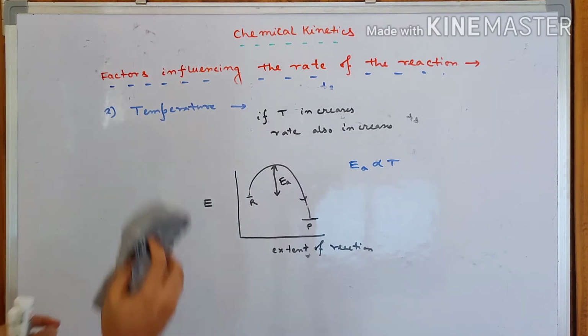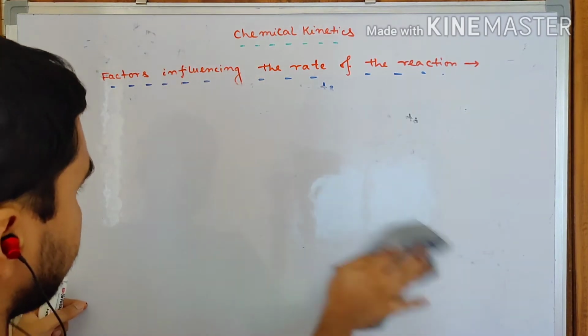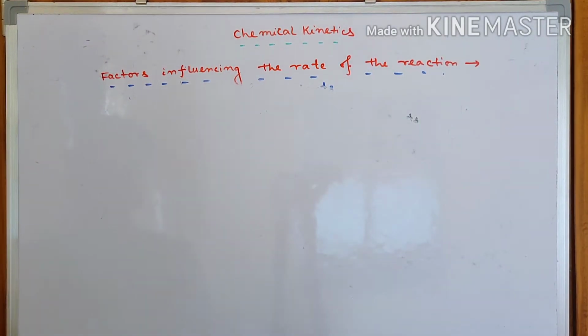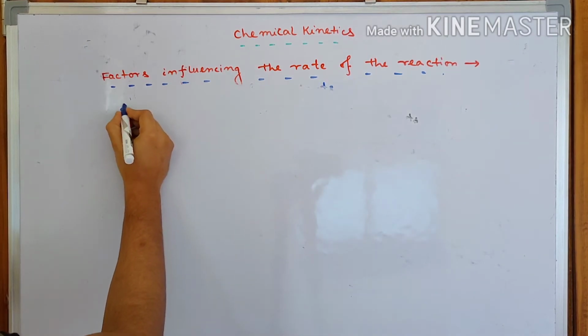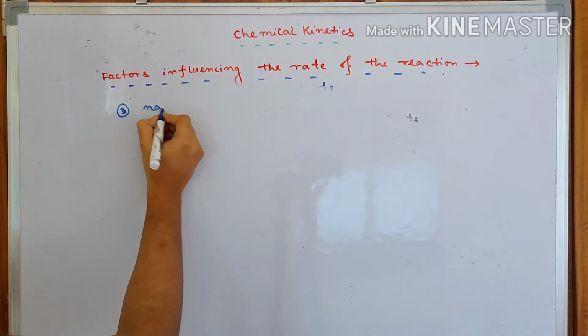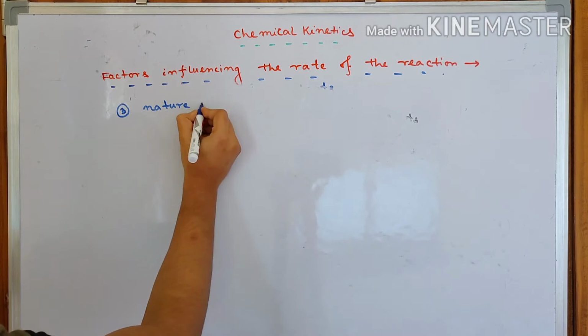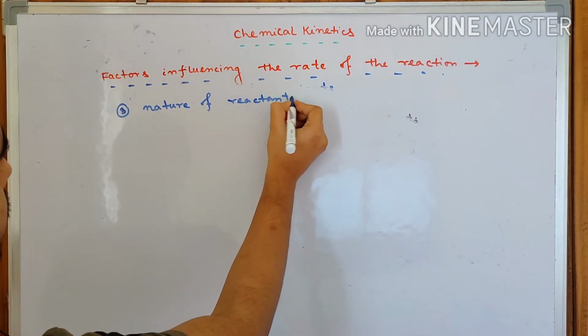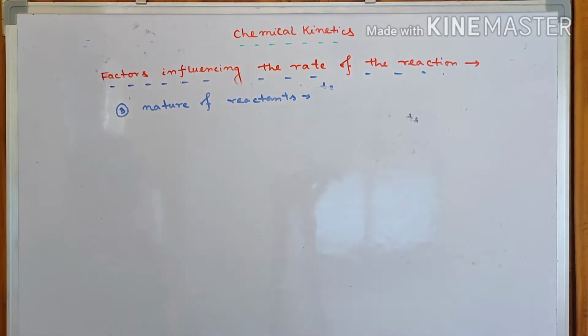Next is the nature of reactants. See, the rate of the reactions is very much dependent on the reactants and the products.